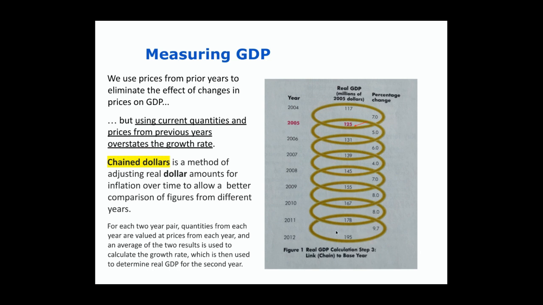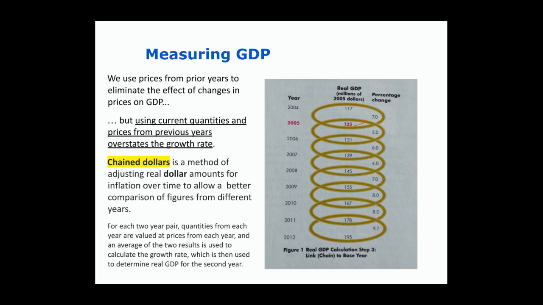And don't worry about how it's calculated. For our purposes, I'm not going to ask you to worry about how it's calculated, just to know that it exists. In this case, it uses prices 2 years at a time. So it calculates the increase in GDP in 2-year combinations, and this has an effect when the base year is a long time ago.